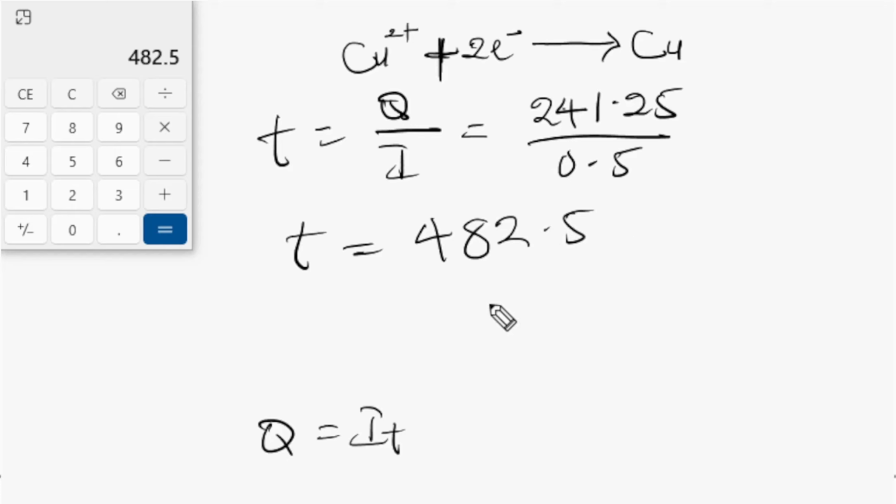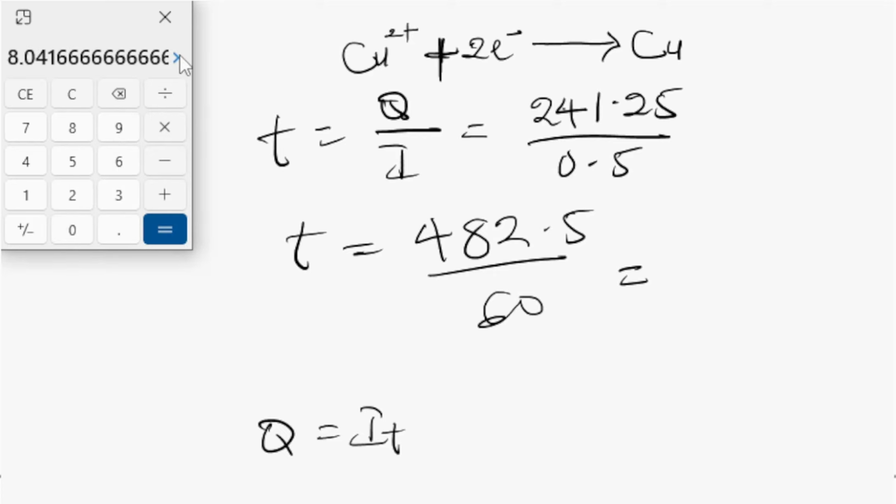So guys, this is 482.5 seconds. But then the options given to us are all in minutes. So to convert this to minutes, we'll simply divide by 60. So, you know, converting seconds to minutes, you divide by 60. So all these are simple conversions we should know.